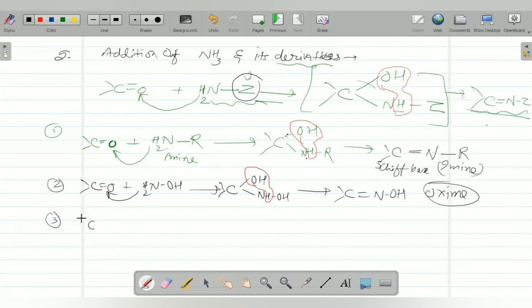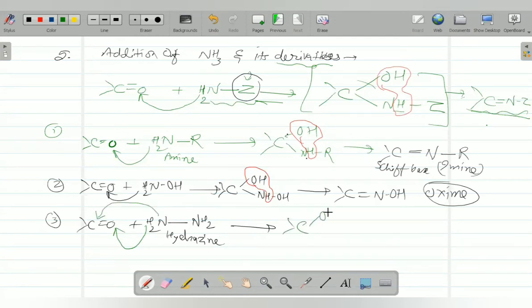Suppose you take C double bond O with NH2, and instead of Z you take again NH2, which is hydrazine. So what is the mechanism? You have learned, H from here attacks this, the remaining attacks carbon.